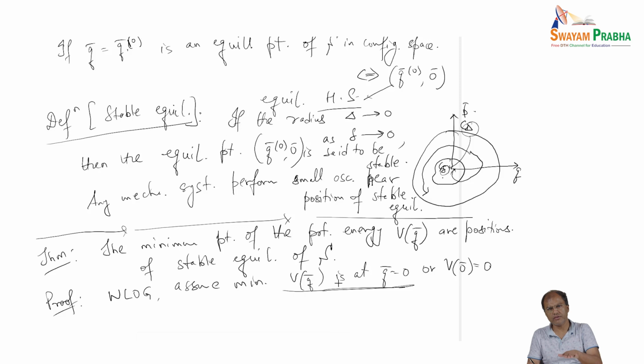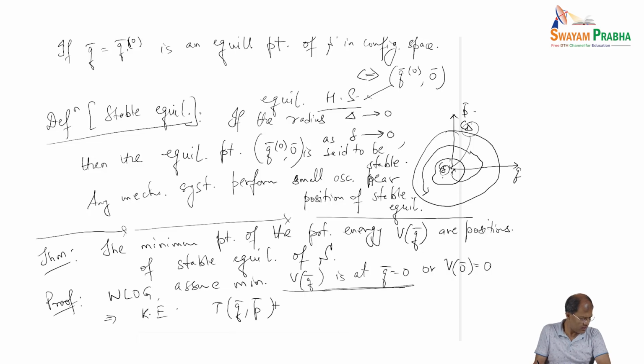If not, we can shift the potential, right? So my kinetic energy will be T of Q comma P, and my total energy E of Q comma P is going to be the kinetic energy plus the potential energy given by V of Q, right?